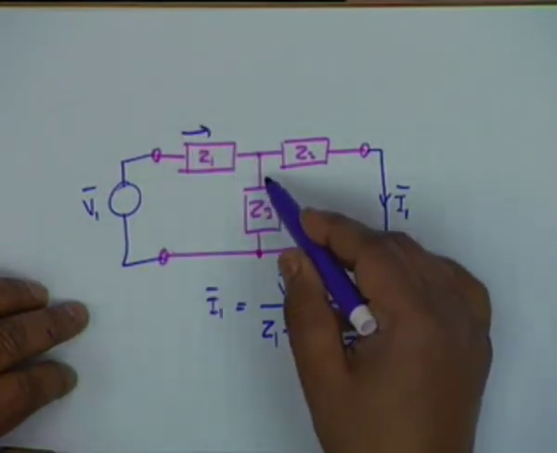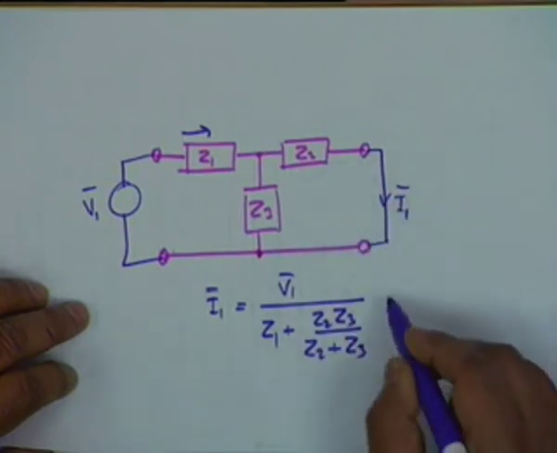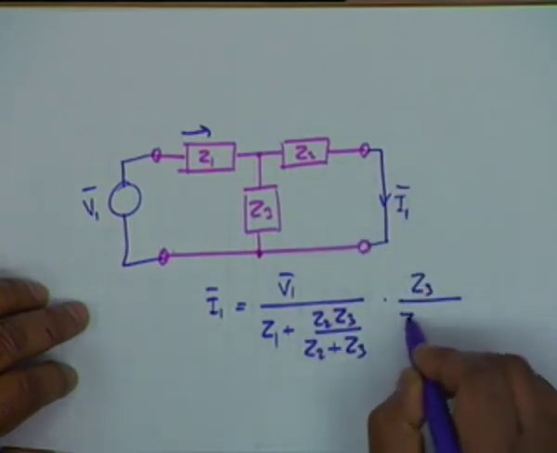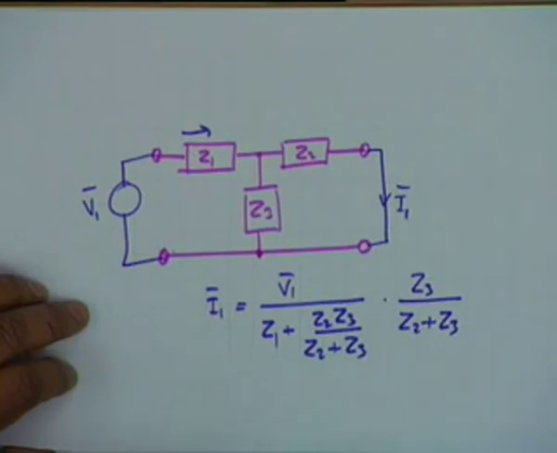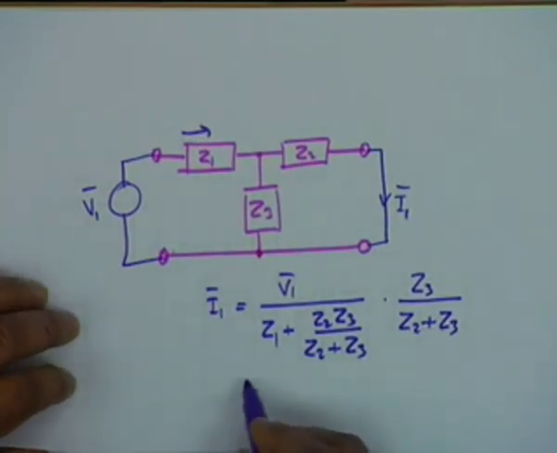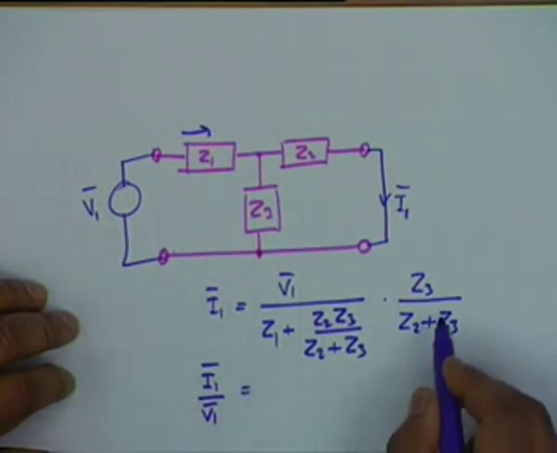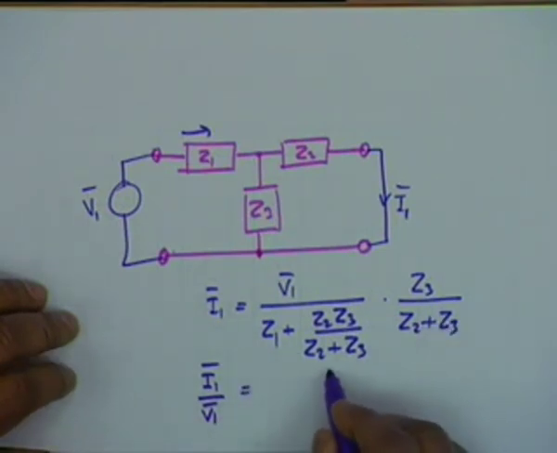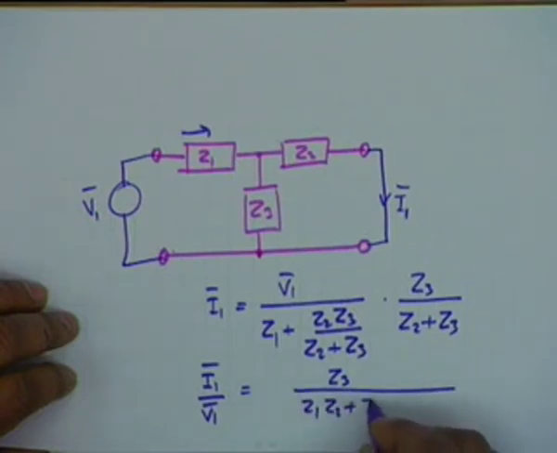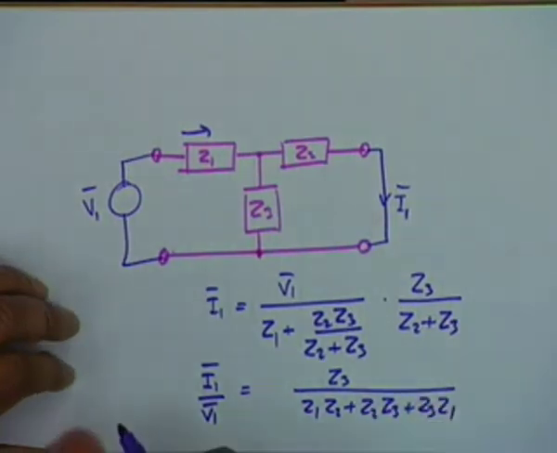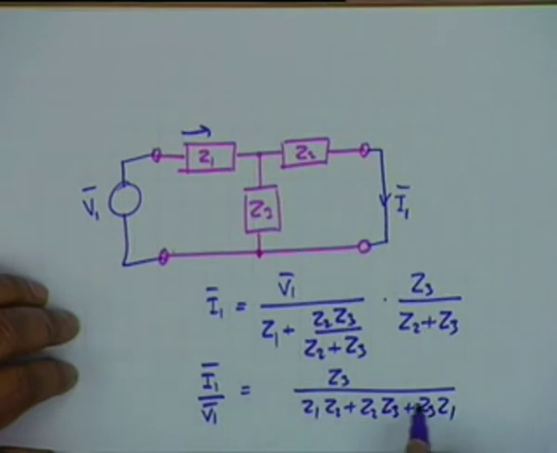Then I take current division between Z3 and Z2, and therefore this is Z3 divided by Z2 plus Z3. Agreed? Is that okay? All right. So therefore I1 by V1 is equal to, well, you can see that it is Z3 divided by Z1 Z2 plus Z2 Z3 plus Z3 Z1. Is that okay? Is this algebra all right?